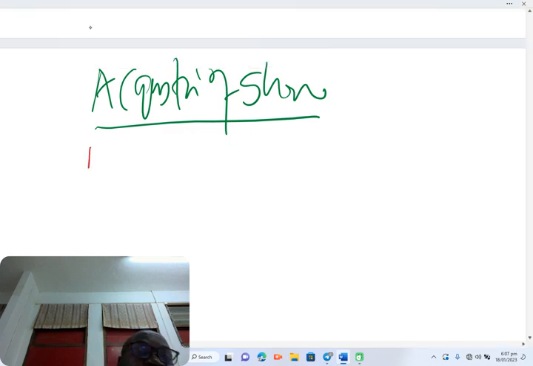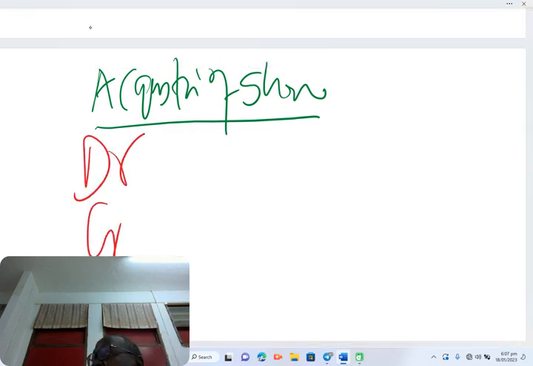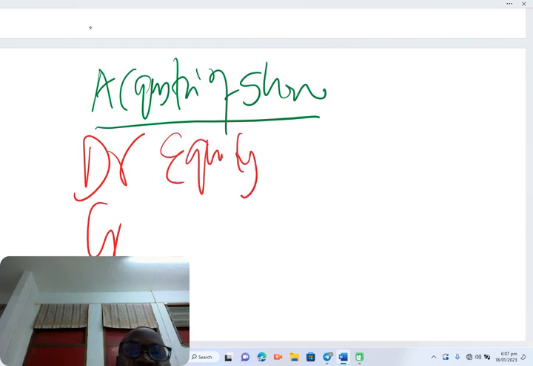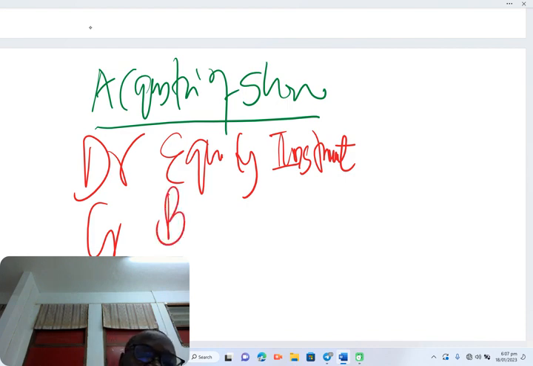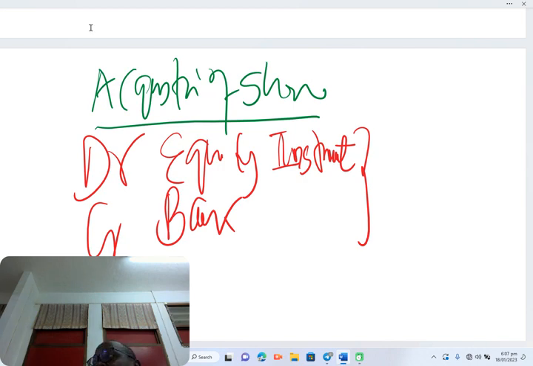So you debit and credit. So you debit equity instrument or equity investment against the bank.